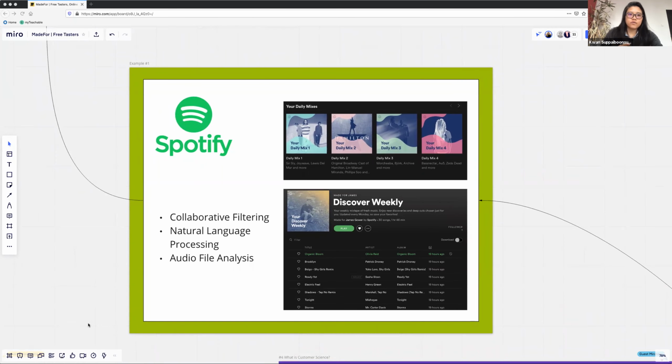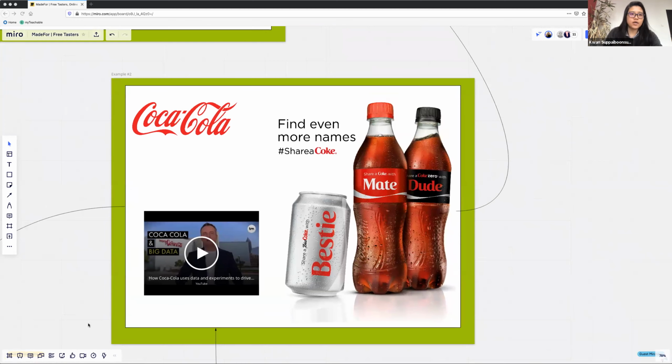Now I'd like to show a more data analytics case, which is with Coke. They also use some AI approaches, but less than Spotify.